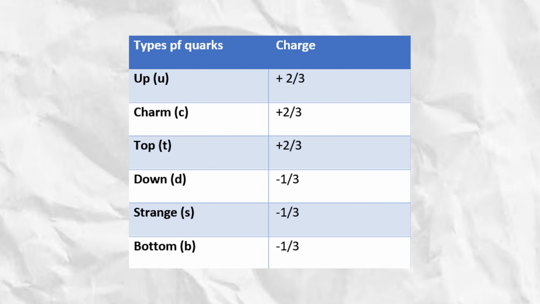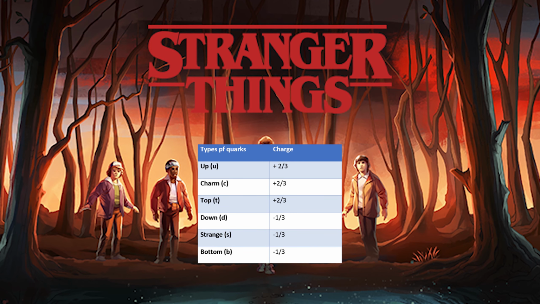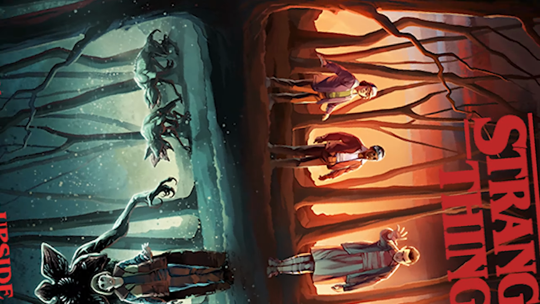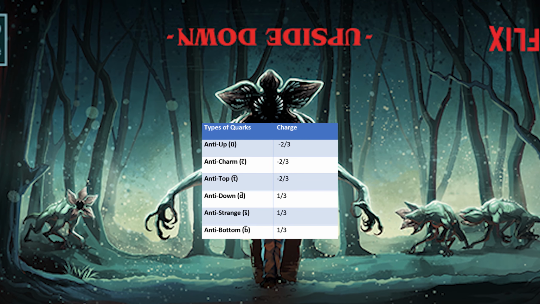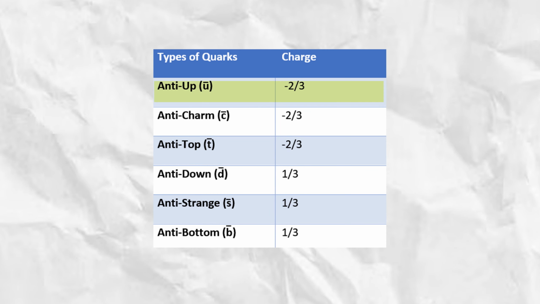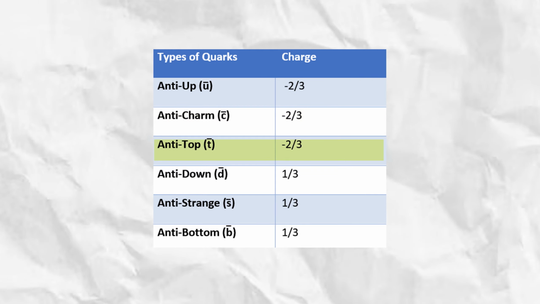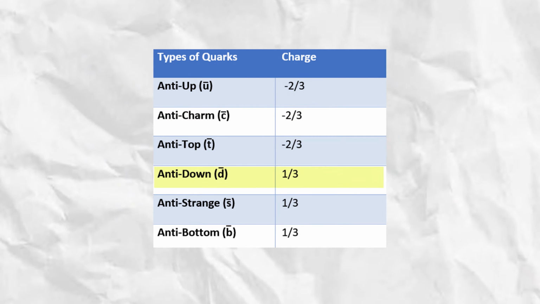We have 6 types of quarks named the up, charm, top, down, strange, bottom quarks. And just like in Stranger Things, we have an upside down, where everything is inversed, allowing the existence of 6 antiquarks, notably the anti-up, anti-charm, anti-top, and so on.